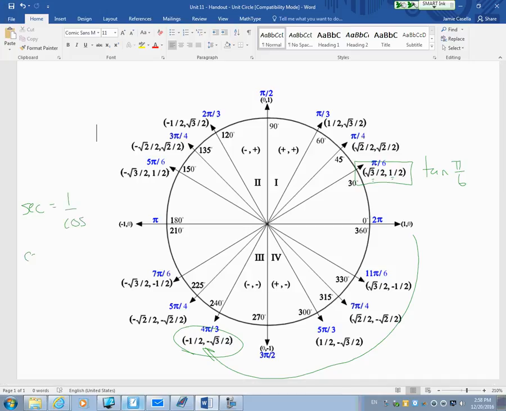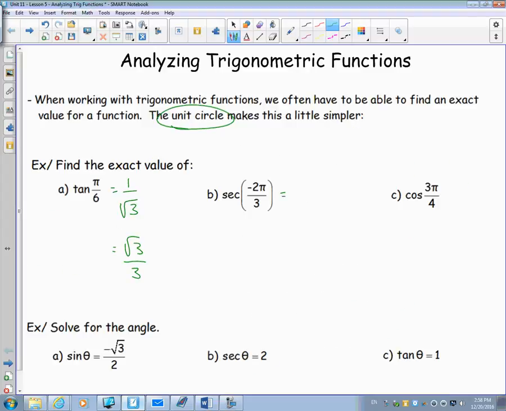I do know cos. Cos is right here. So secant, instead of being negative 1 over 2, will be 2 over negative 1, or if we simplify that, just negative 2.